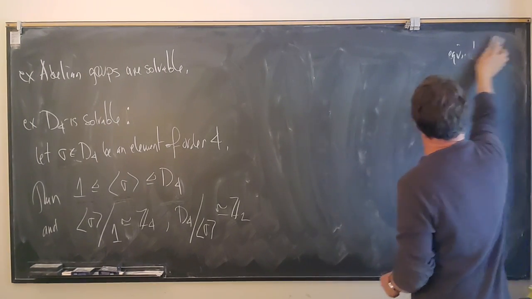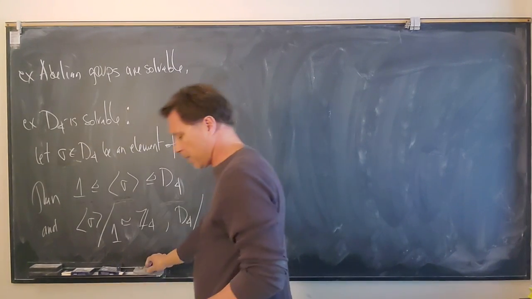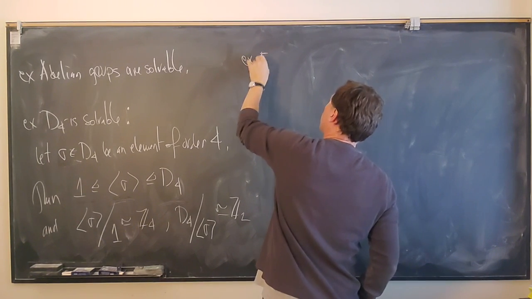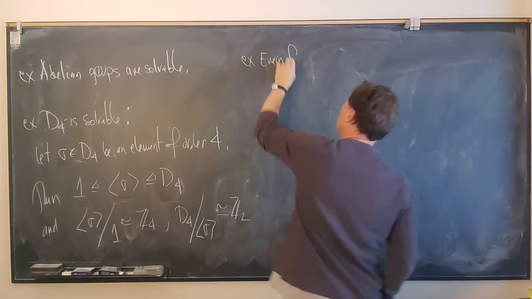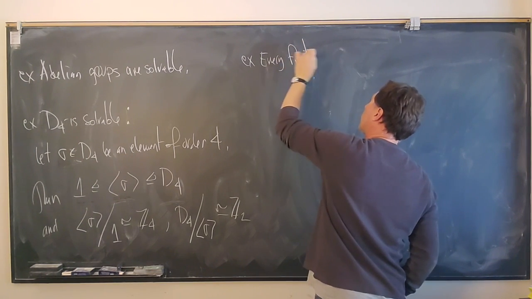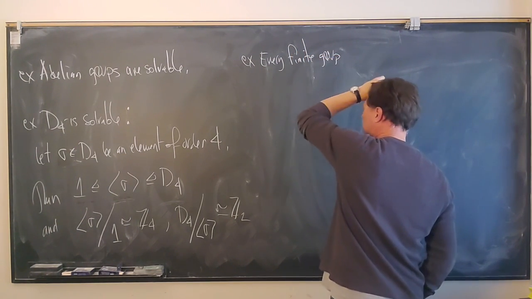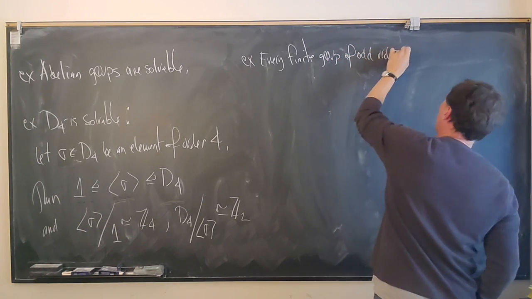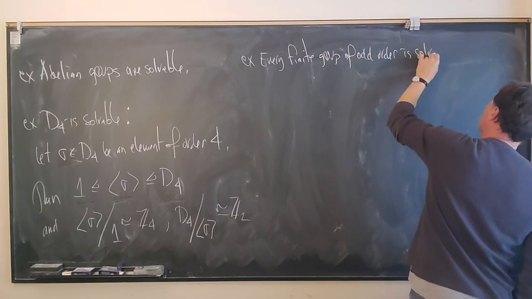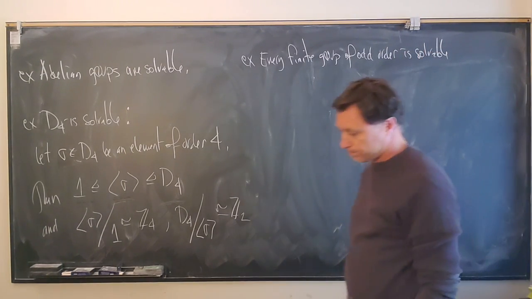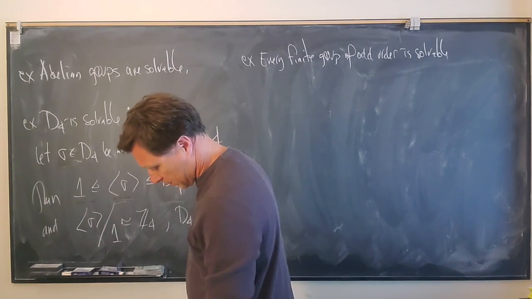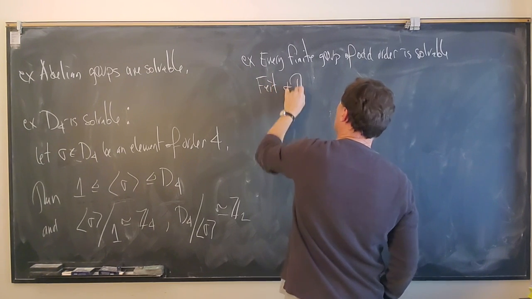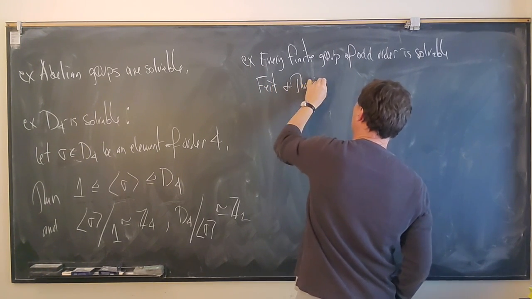I talked about this back in Math 481. Another example: every finite group of odd order is solvable. This is due to Feit and Thompson.